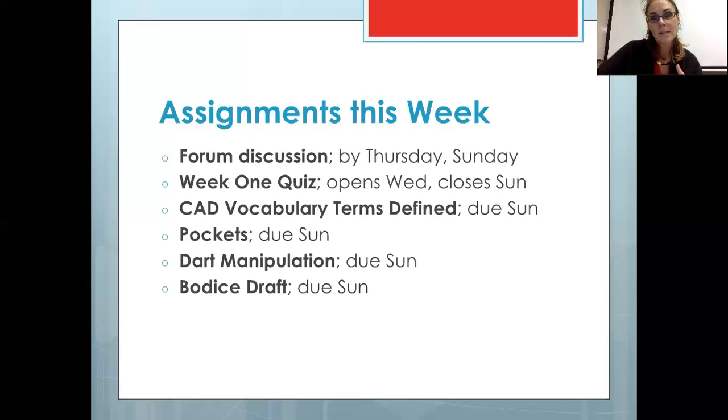The rest of this class in the next several weeks will readdress some of the pattern making things that we had learned in our first pattern making class, but you're going to learn how to do slash and spread, added fullness, and making faces, making collars, making different skirt shapes, things like that in Illustrator.